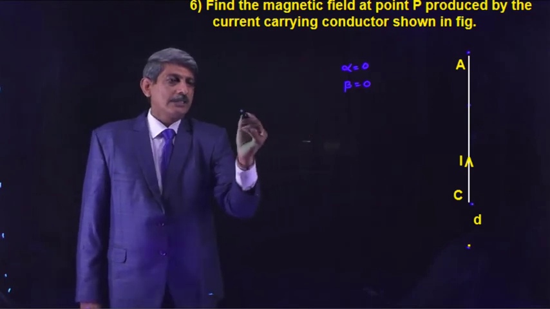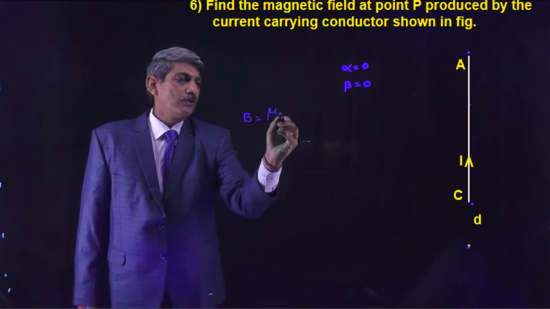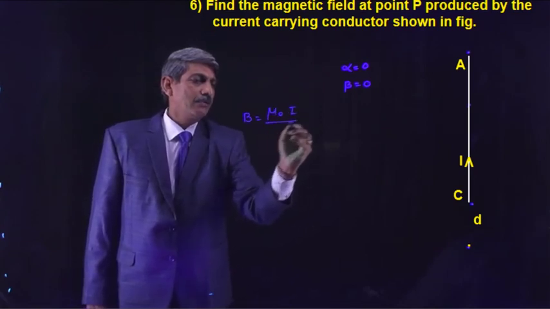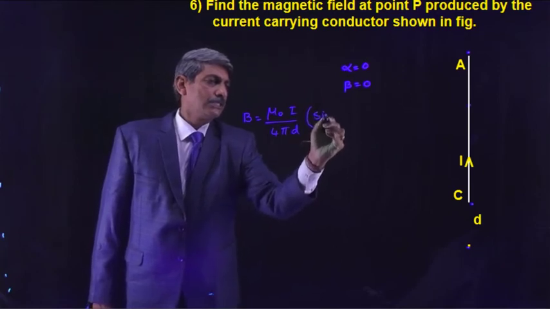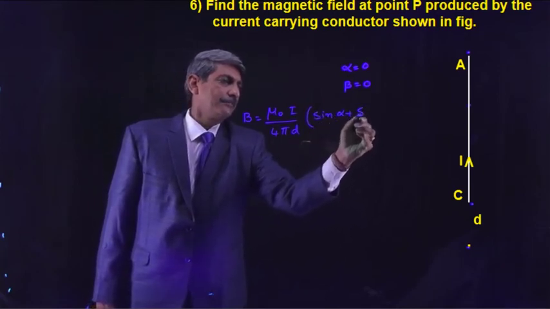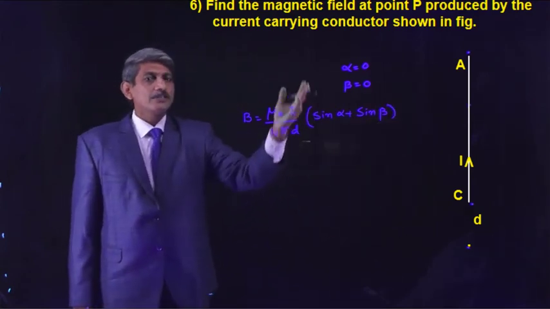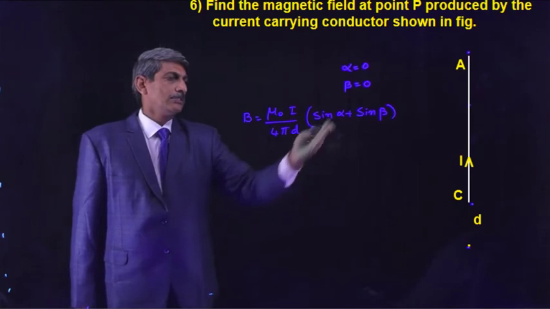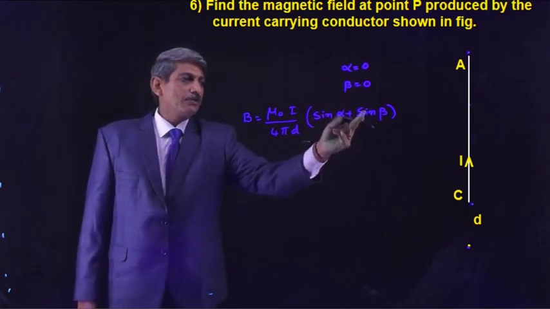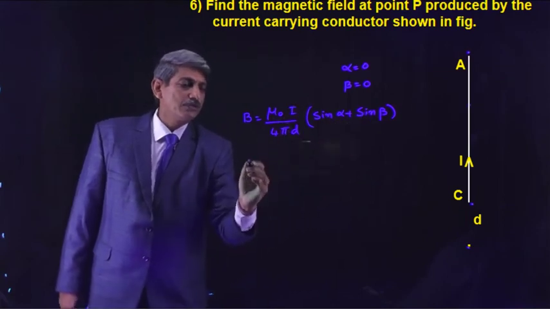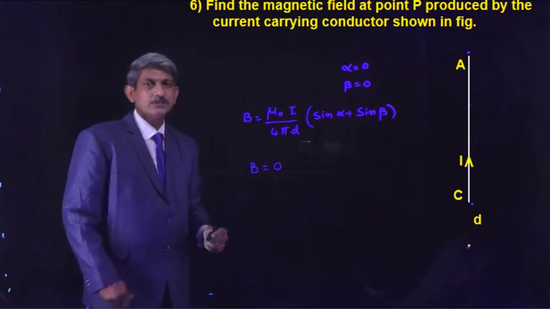From this, the magnetic induction can be determined by the formula B is equal to mu naught I divided by 4 pi d into sin alpha plus sin beta. We know that sin alpha is equal to sin 0 is equal to 0, sin beta is equal to sin 0 is equal to 0, 0 plus 0 is equal to 0, 0 into something is equal to 0. That's why the magnetic induction B is equal to 0.